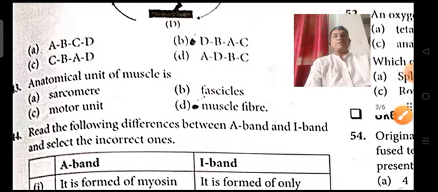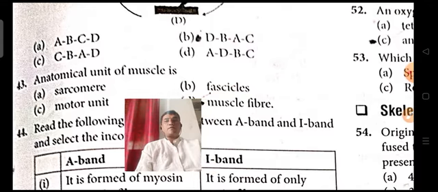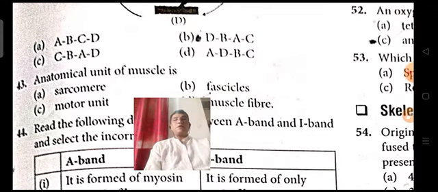So next, the anatomical unit of muscle is, already you know that the structural and functional unit is the sarcomere, but the anatomical unit of muscle is obviously the muscle fiber.